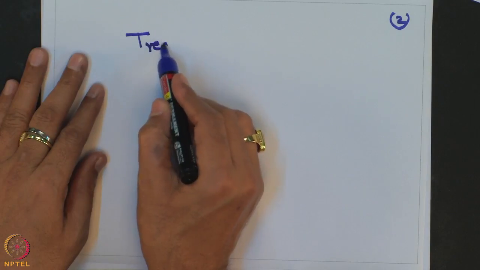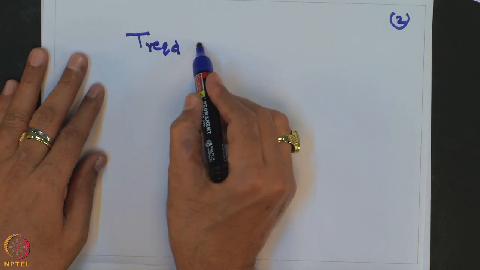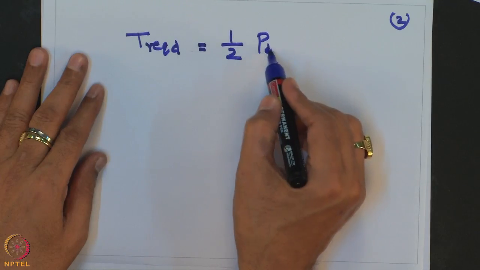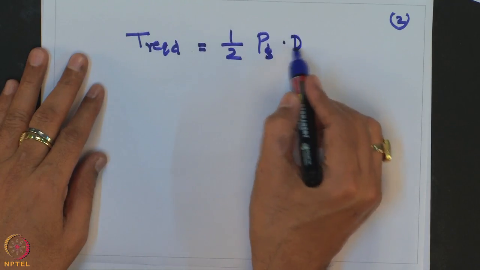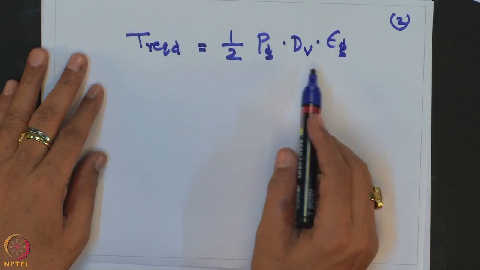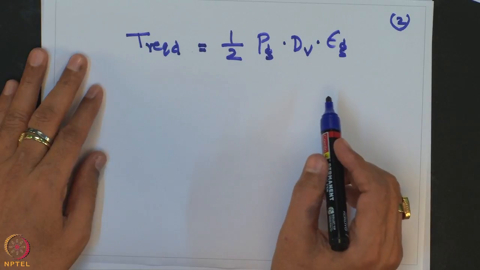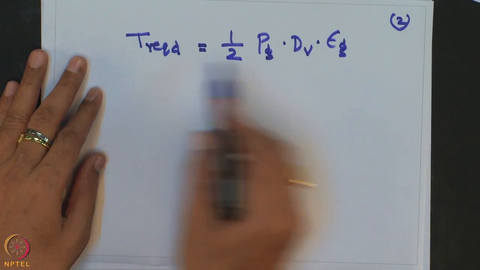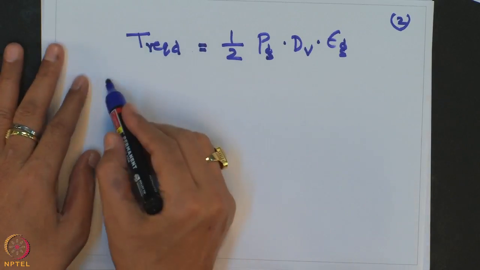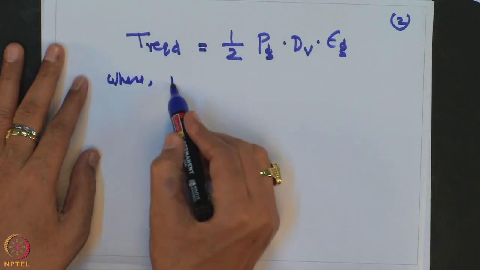T required is equal to half into Pg into dB into epsilon g, half into Pg into dB into epsilon d. So, this is the required geotextile burst strength.